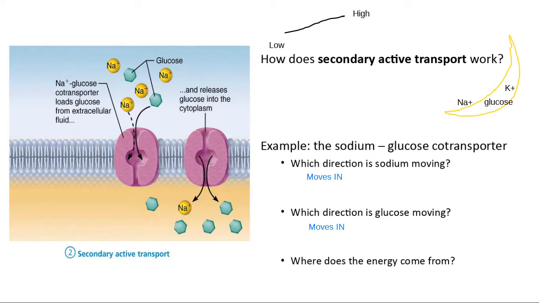Yeah, when sodium moves inside the cell, sodium is going down its concentration gradient. It's going from high concentration to low concentration. Glucose is also going inside. Is glucose going from high to low or low to high? Which way is glucose going?